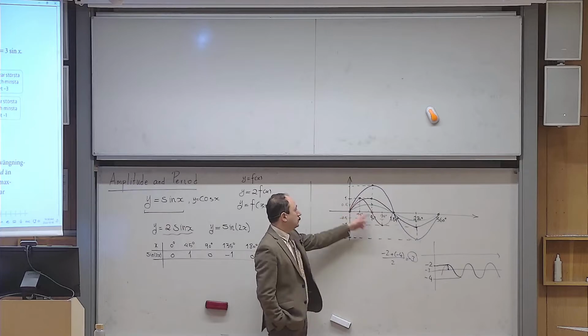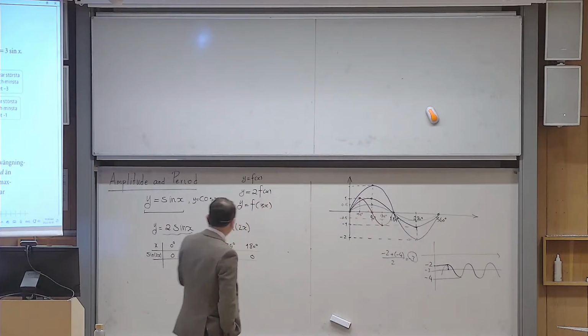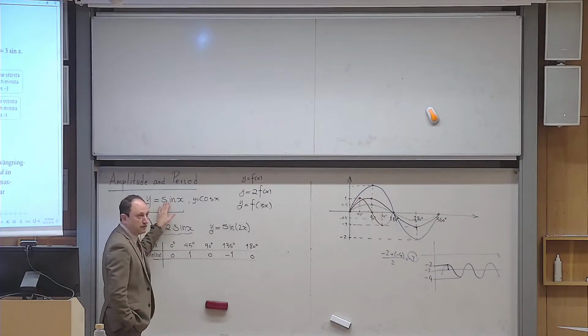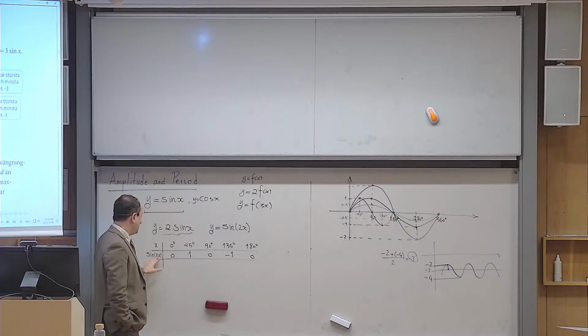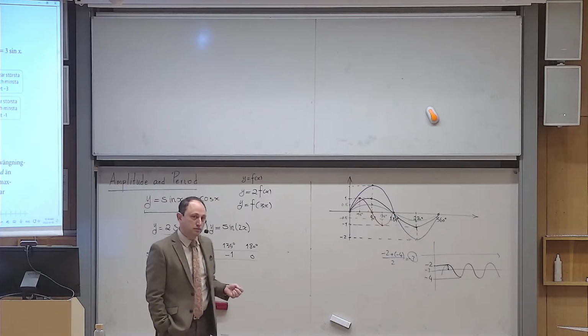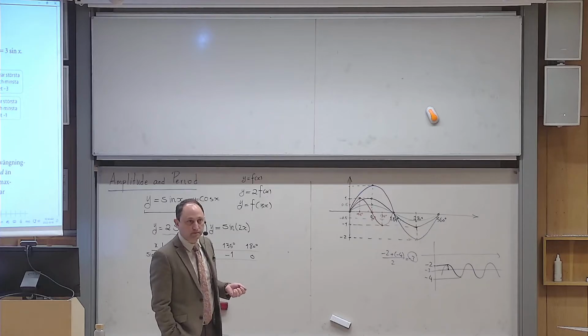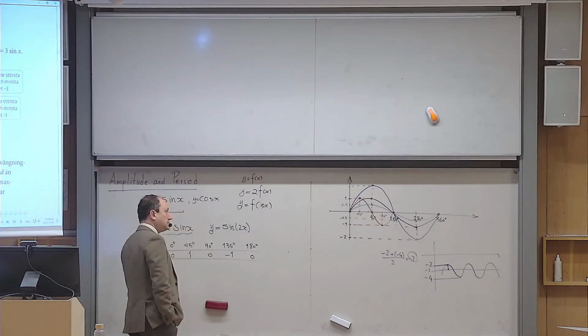What is the amplitude of the new red curve? 1. It's still 1. So you see, multiplying the function will affect the amplitude, but not the period. Multiplying the angle affects the period, but not the amplitude. Yes, is that clear? Okay, so that is the idea that I want you to learn.